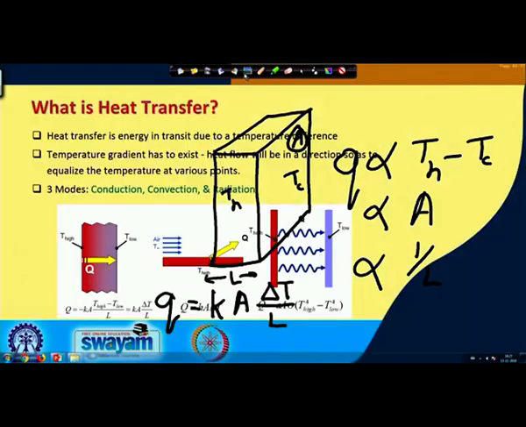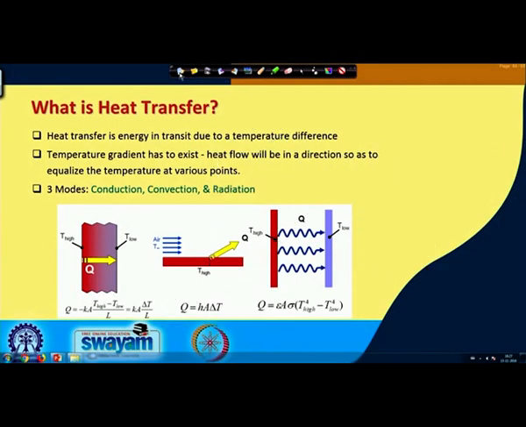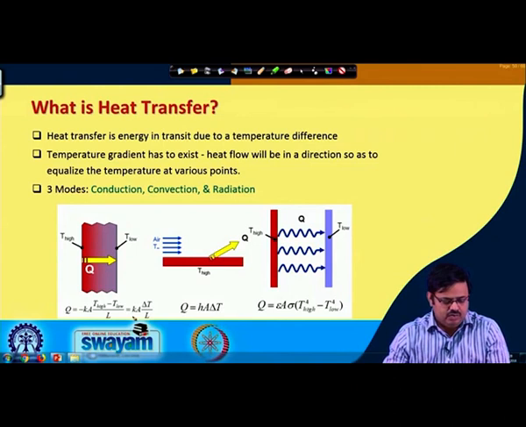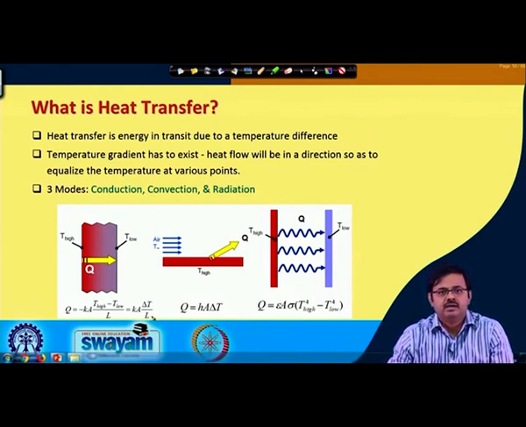So, if we go back to this slide, that is what you see here, K A delta T over L.